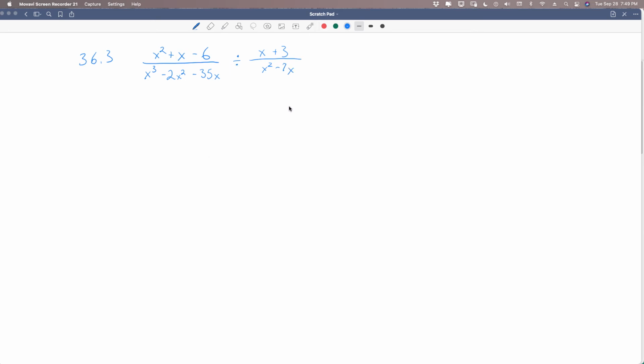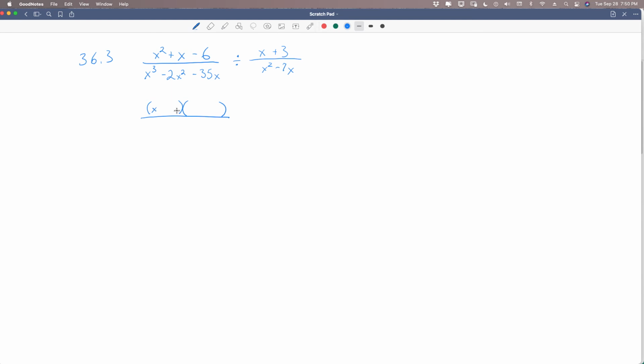Now, I want you to notice that, first of all, these are not all in that trinomial second degree format that we're used to. What that means is we're not going to factor all of these the same way. We're going to do some different factoring for each one of these. Now, the first one right here, we are going to factor because it's the same as we're used to.